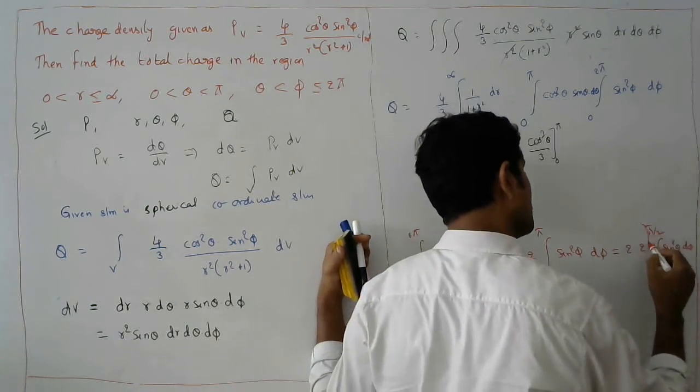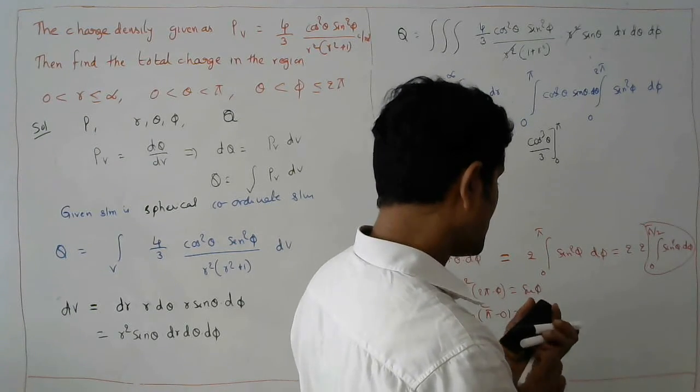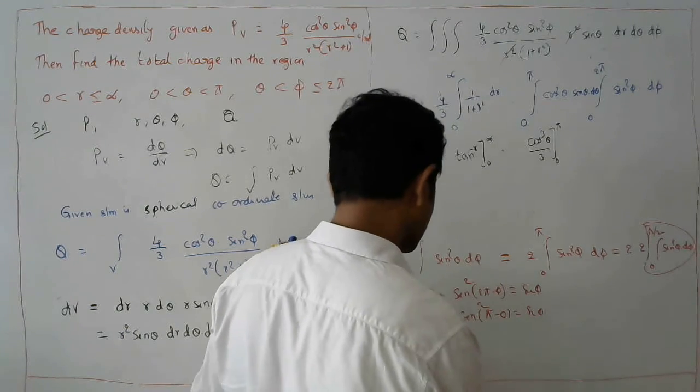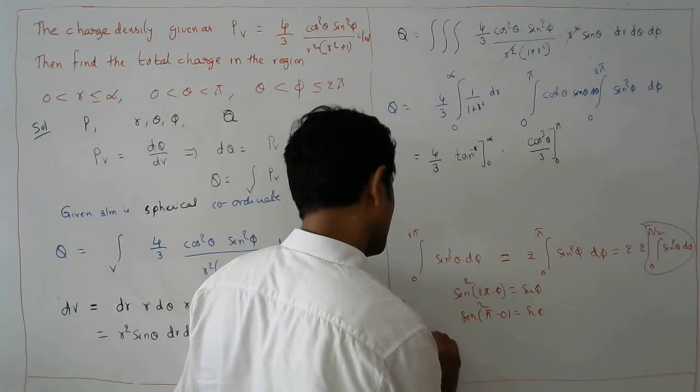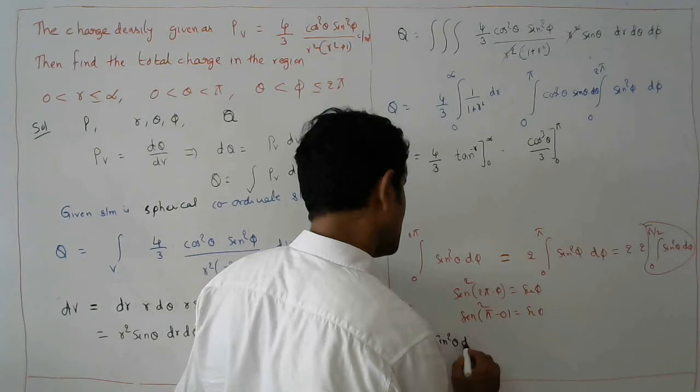Next, now we have to simplify this. To simplify this, we can use the formula for the integral 0 to pi by 2 of sin to the power n theta d theta.